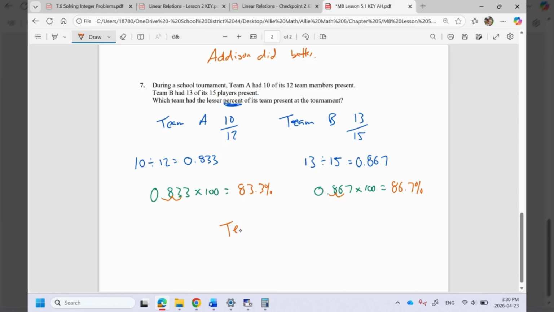So Team A has fewer percent of players present. There you go. Lesser percent.